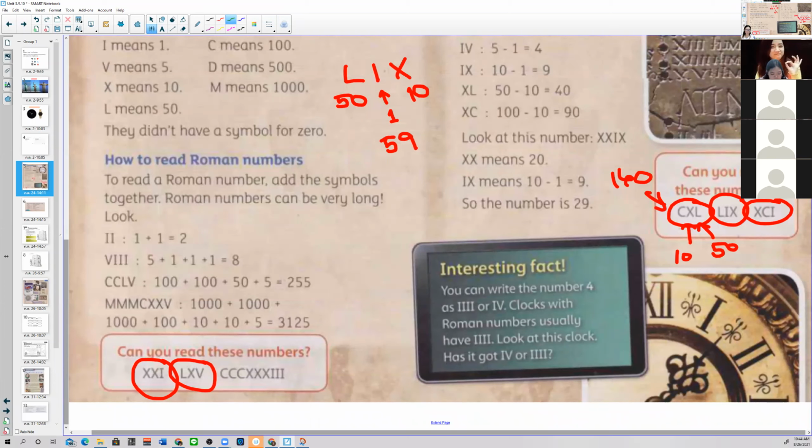Anyone, can you answer XCI? What number is XCI? So I'm gonna write it here.